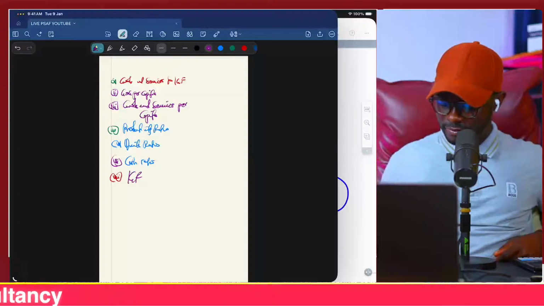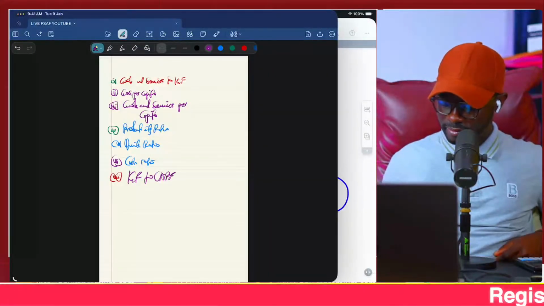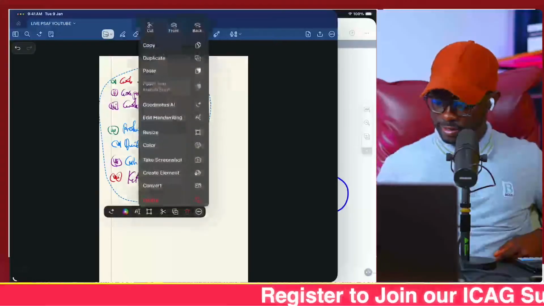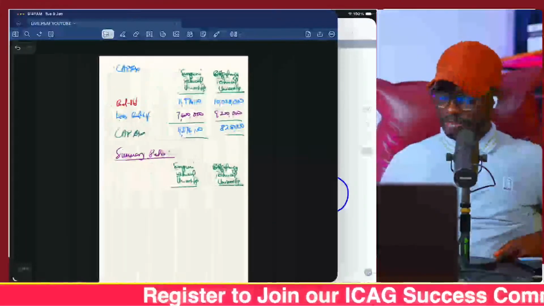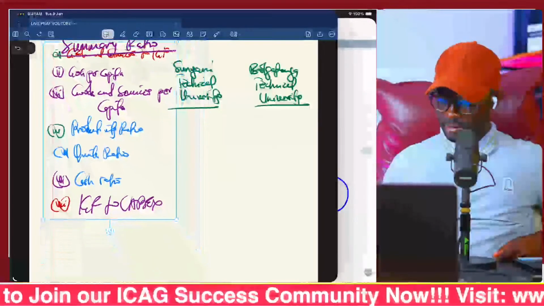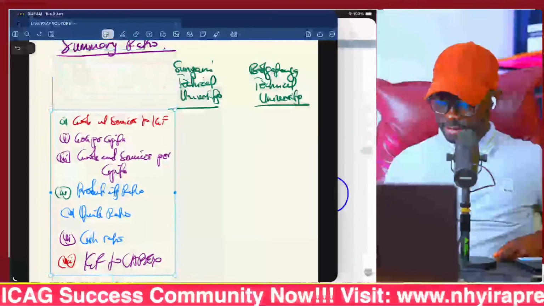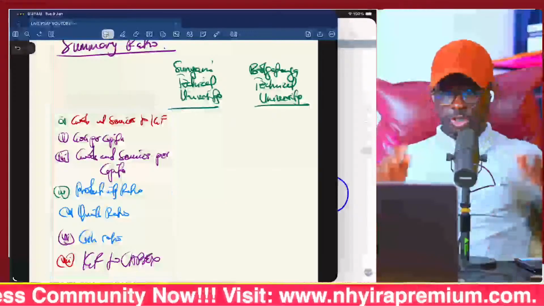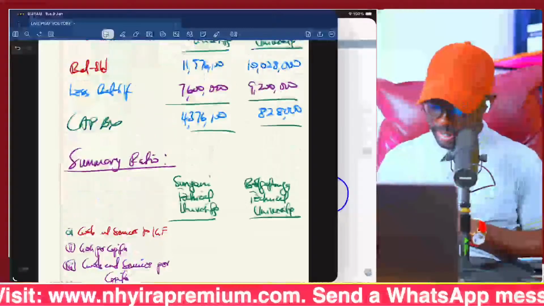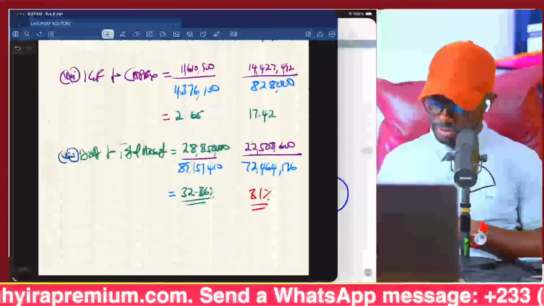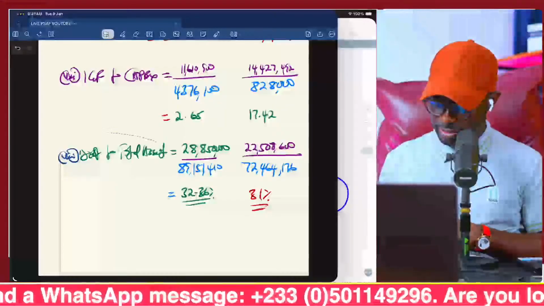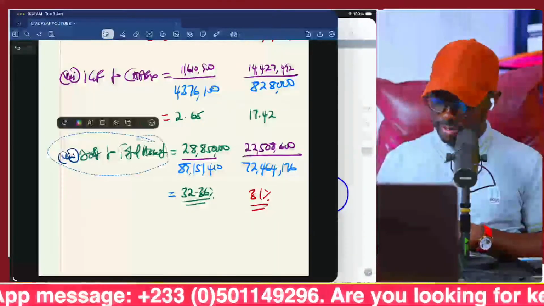So IGF to CAPEX. So I can now copy these and send them to the summary that I'm preparing here. Don't worry, I'm going to make it a little smaller. Okay, something like that. You get it. Then the last one was what? Debt to total assets.